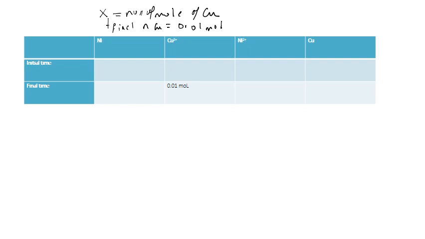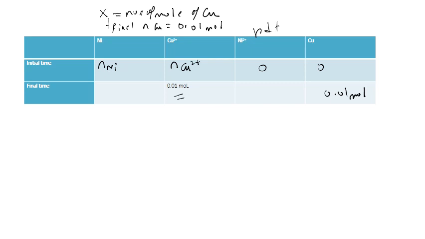We know that at initial time or at time equals 0, the number of mole of product will be 0. So Ni2+ and Cu have 0 value. At the final time, 0.01 mole of Cu2+ remain unreacted. And we know that at T final, number of mole of Cu is 0.01 mole. It is given in the graph. So number of mole of Ni is not given. Leave it as N of Ni. Number of mole of Cu2+ is also not given.